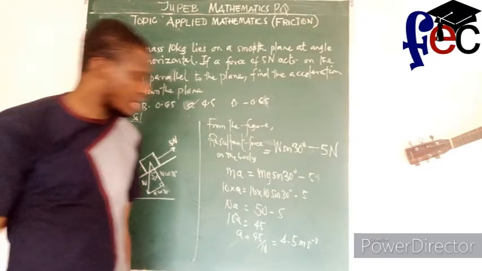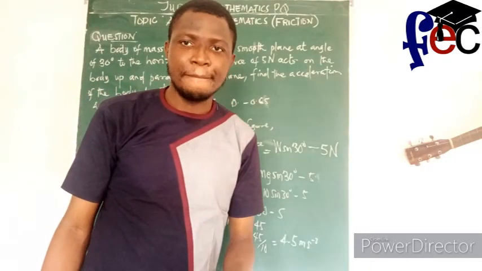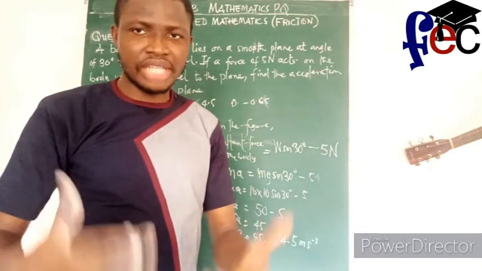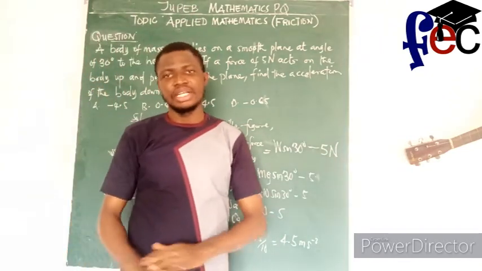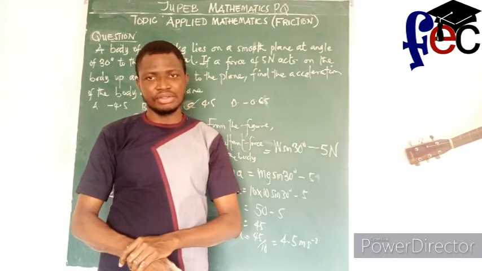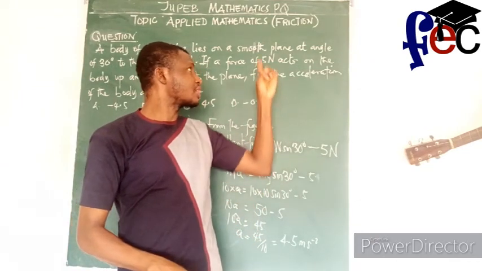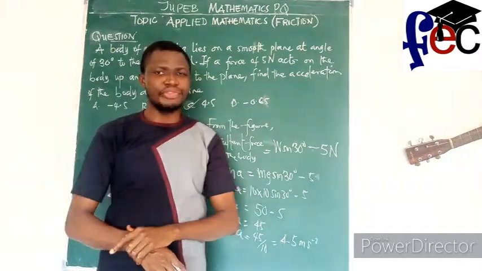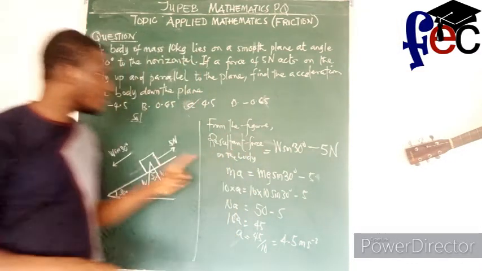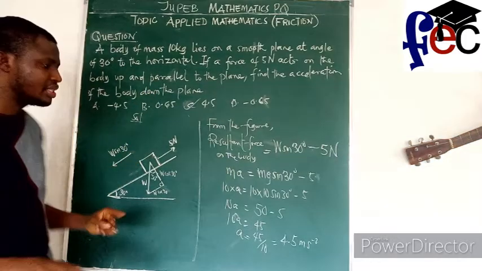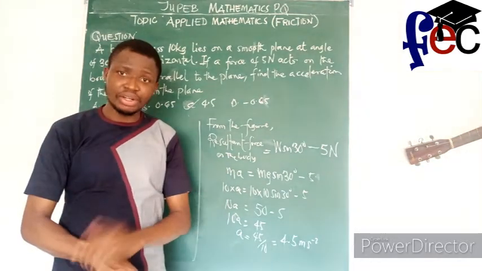Okay, so that's it. Try as many problems as possible on inclined planes and you'll see how easy it is. If it were to be a rough plane, what do you think would have happened? Don't forget, for the body to slide down the plane, it must overcome friction.